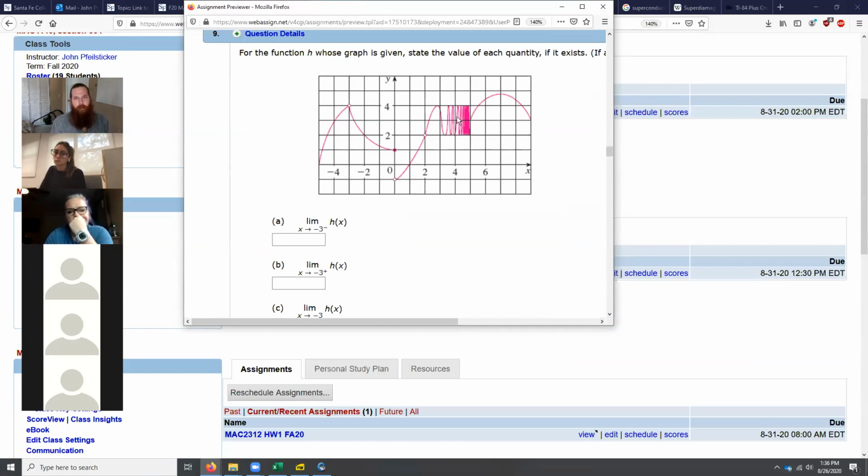But as you approach 5 from the left, we're going up, down, up, down so fast back and forth that it's hard to say, am I getting close to 4? Am I getting close to 2? Am I getting close to the thing in the middle? None of those necessarily. I'm bouncing back and forth between 2 and 4 infinitely often. So the limit as x approaches 5 from the left would not exist, even though the limit as x approaches 5 from the right does.